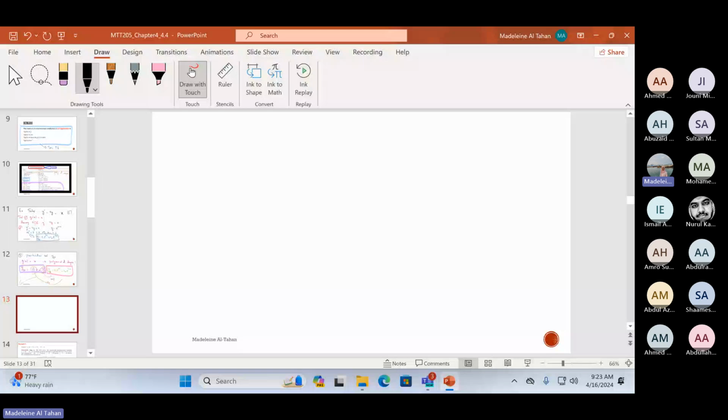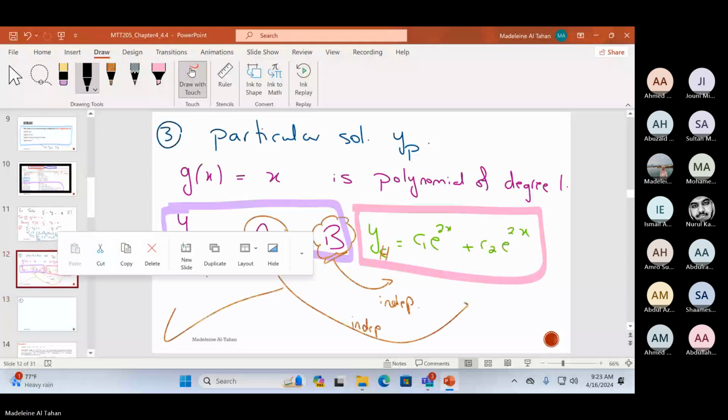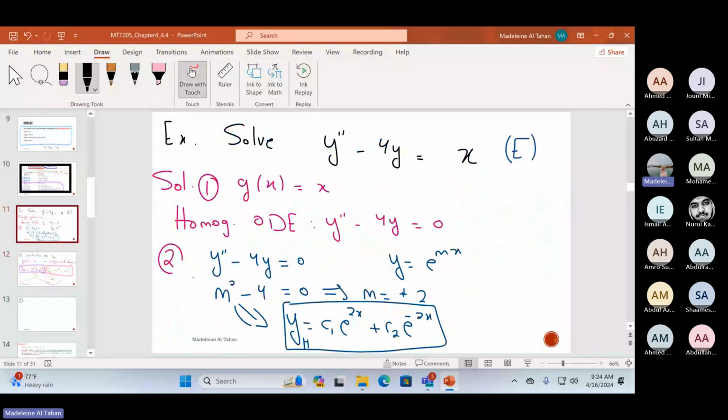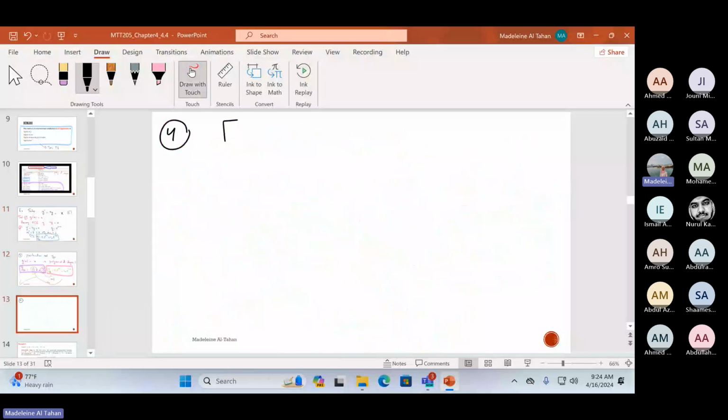The fourth step. I will be precise in the question. If the question is find the general solution without finding the constants, we can just write y equal yh plus yp. But if I'm asking to find the general solution, it means that you need to find the constants A and B. Because here we are just saying solve, step number 4 is to find A and B. Why did I write only A and B?